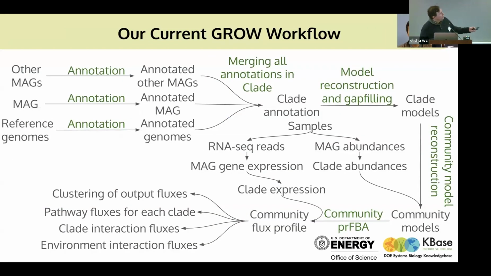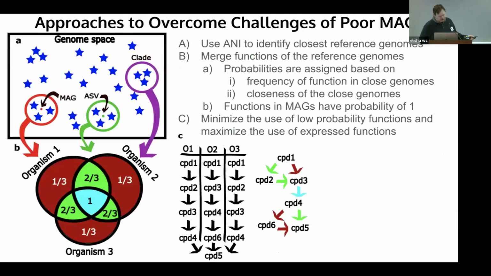So our workflow for Grow, again, we annotate the mags, we consolidate them into these clades. For this Grow analysis I'm talking about, we can also do this at the clade level and just say, I know I have mags, I know they're poor resolution, I'm going to just group them at a particular phylogenetic level, in this case, the species. And so they took all of their mags that were a particular species and merged them into the clade.